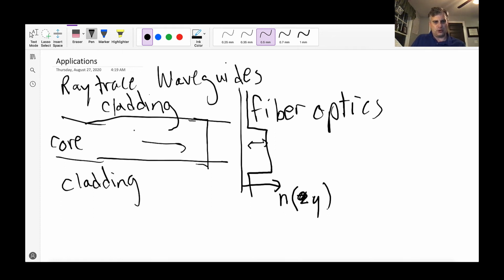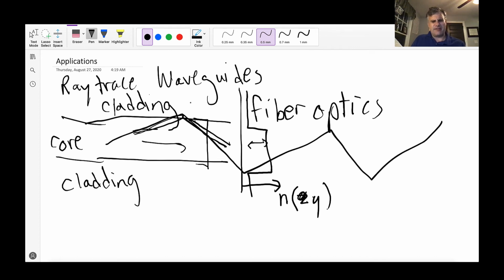You don't get total internal reflection for all but the shallowest of rays that propagates off that cladding. And of course you can ray trace the solution to these things. You just have to make sure that the ray that bounces off there provides some constructive interference with itself that supports the mode that travels along there.